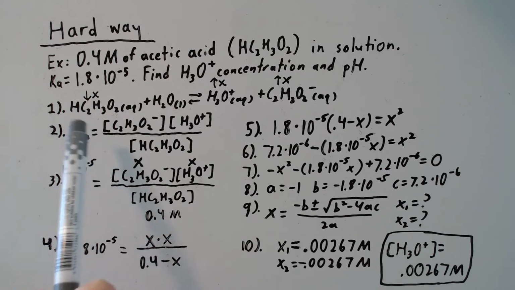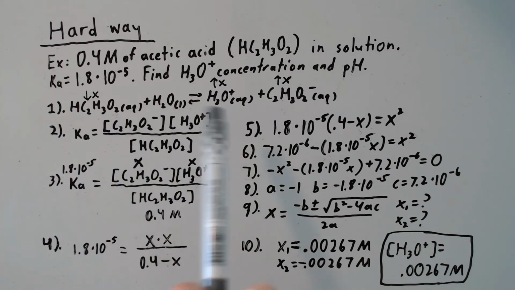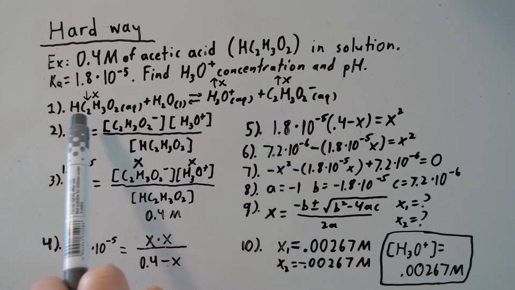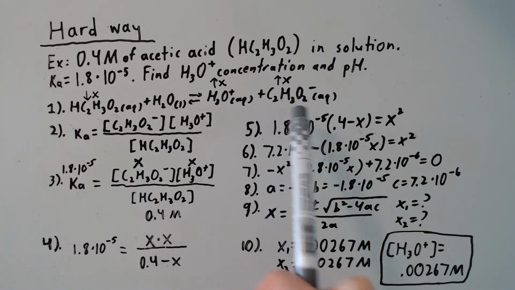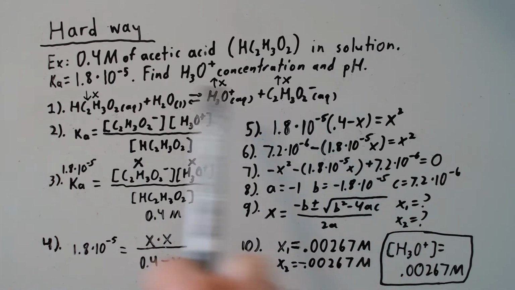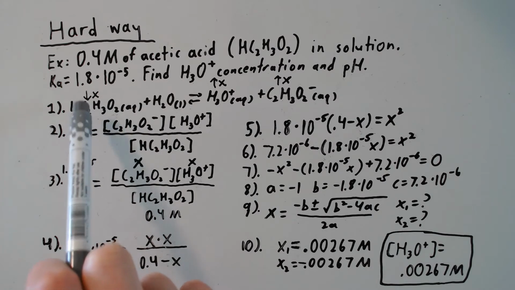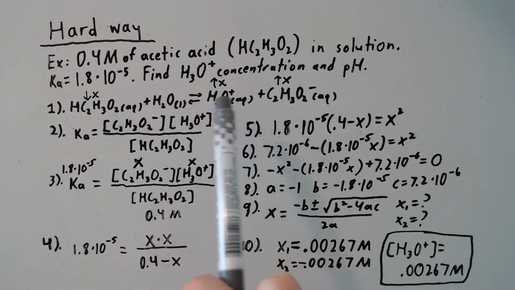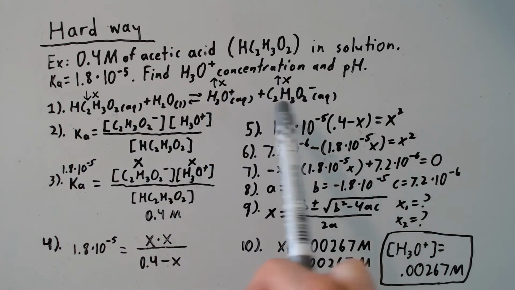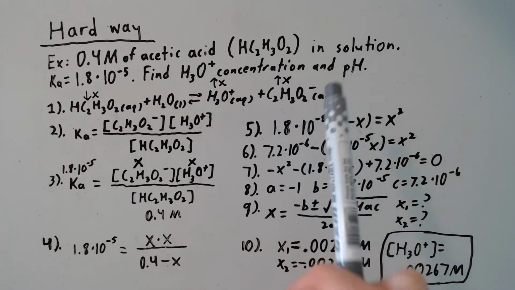Here, HC2H3O2 is in a 1-to-1 ratio with H3O+, and it is in a 1-to-1 ratio with C2H3O2-. That means that for every X of this that dissociates, an X amount of H3O+ gets produced and an X amount of C2H3O2- is produced.